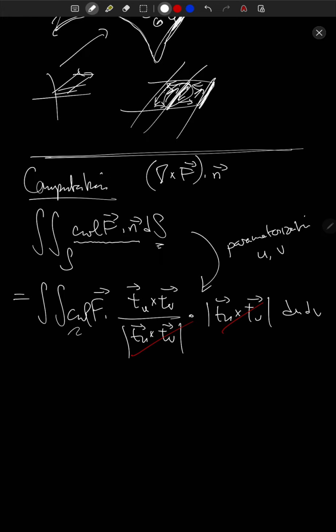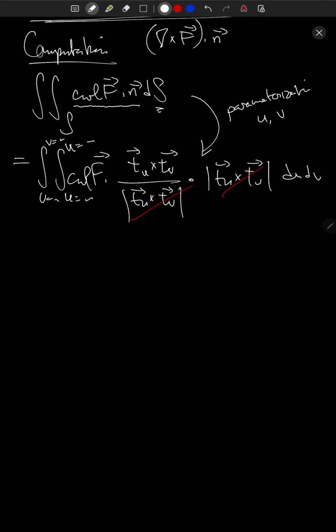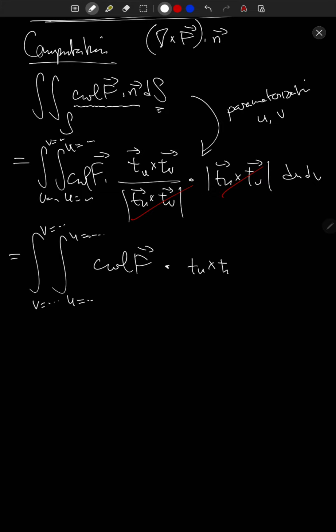Sorry, I should do the limits of integration: u equals something to u equals something, v equals something to v equals something, depending on exactly how you parameterize. But the important feature is that when you ultimately integrate, things look relatively simple: curl F dot T_u cross T_v, du dv, where of course you're converting everything to u's and v's.